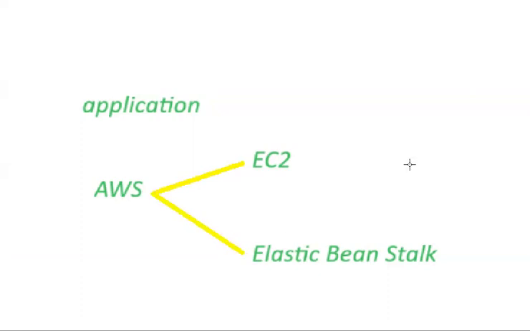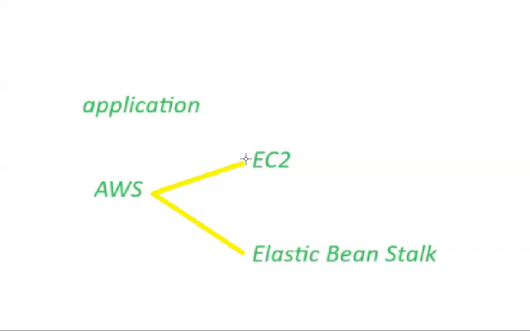So now I have a question about which one to choose: either EC2 or Elastic Beanstalk to deploy my application. To know which is better for me, let me differentiate between EC2 and Elastic Beanstalk. So in EC2, what are we going to do?